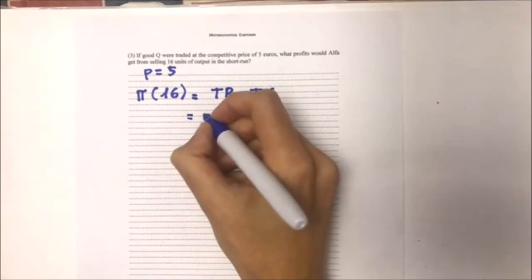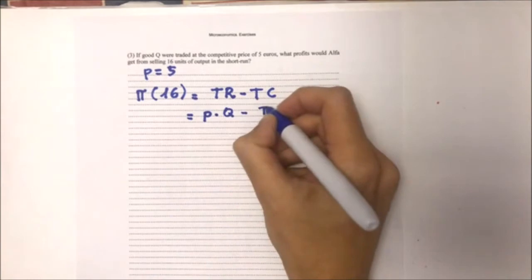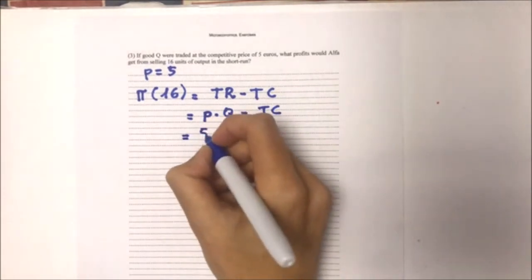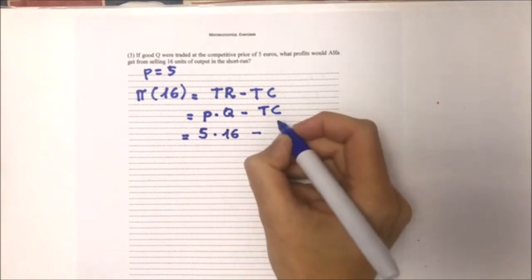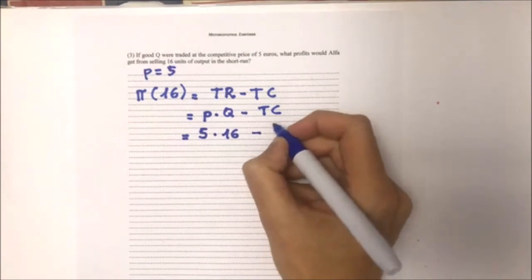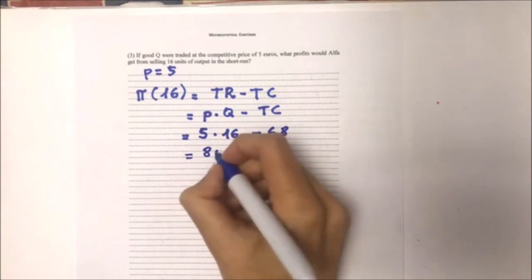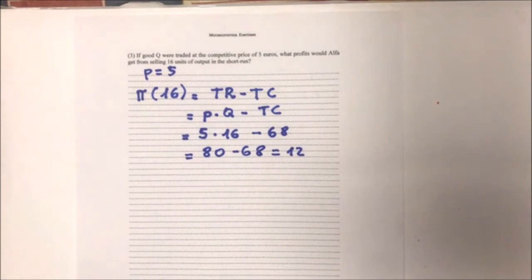Total revenues are given by the price times the quantity. The price is 5, the quantity is 16, and the total cost we have just computed for point 2, and they were 68. So we get 80 minus 68, 12. And that's the profit. So in the short run, the profit would be 12.